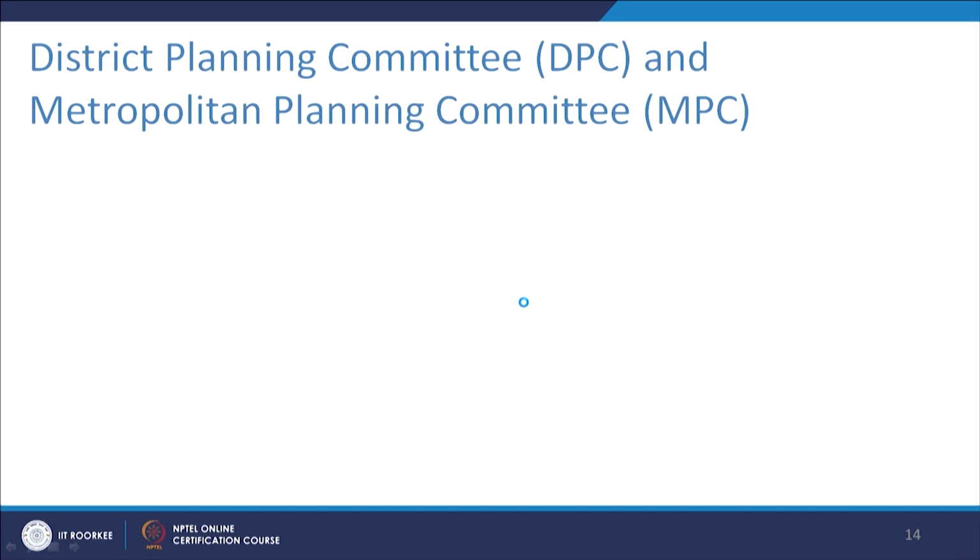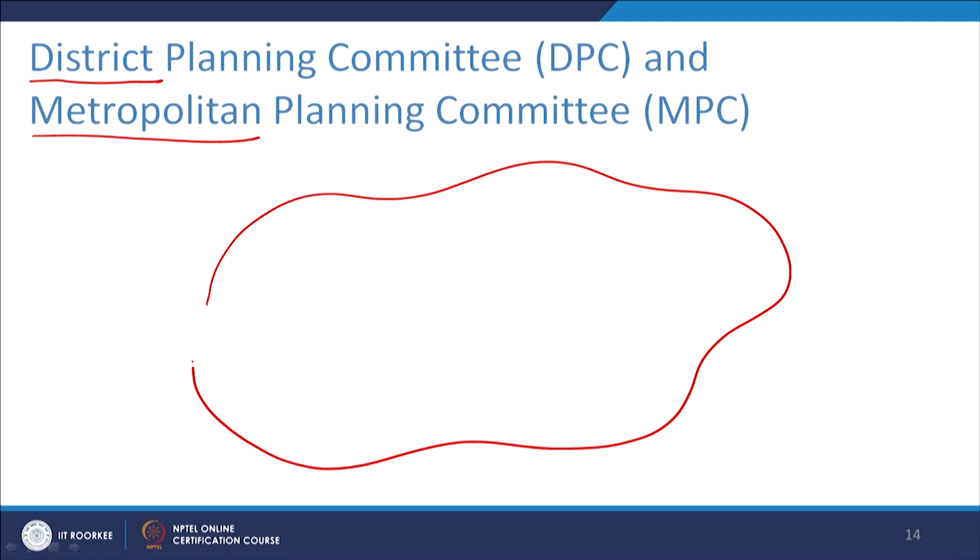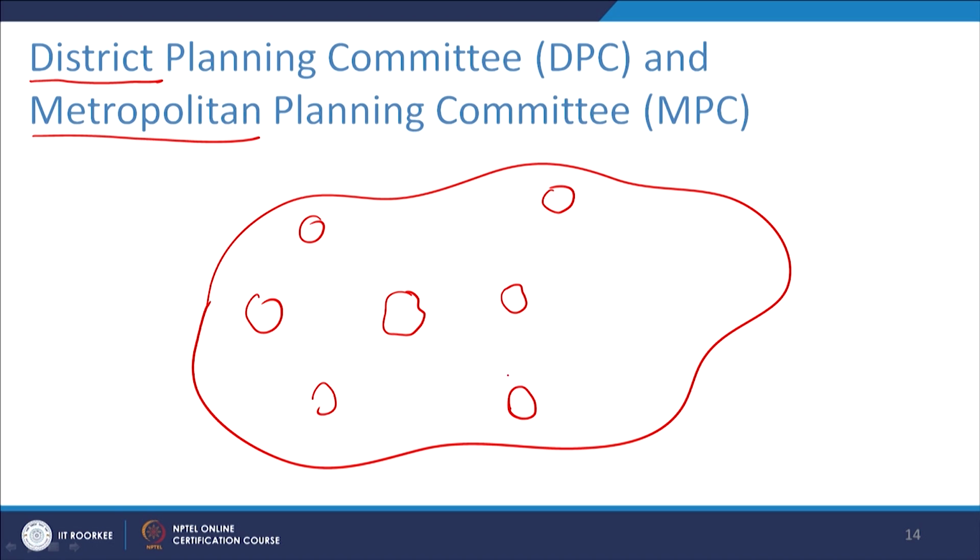Now, let us discuss the role of the District Planning Committee and Metropolitan Planning Committee as per the 74th Constitutional Amendment Act, which came in 1992. Now, when you say district and metropolitan, as we discussed earlier, there could be a district like this, there could be some urban settlement like this, and also there could be a few rural settlements surrounding the urban areas, as you know.